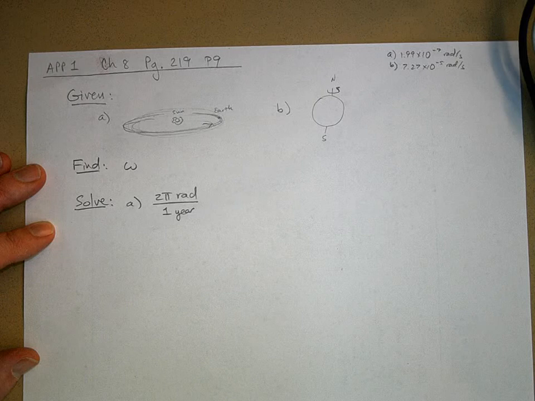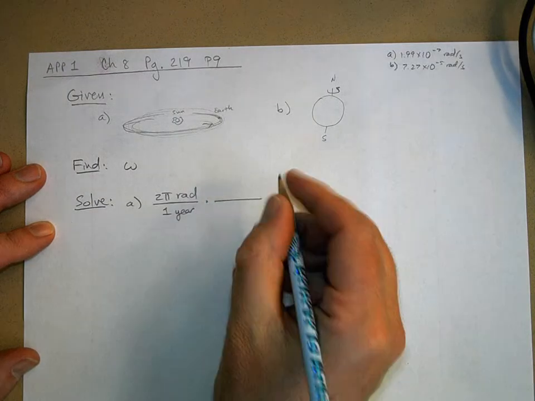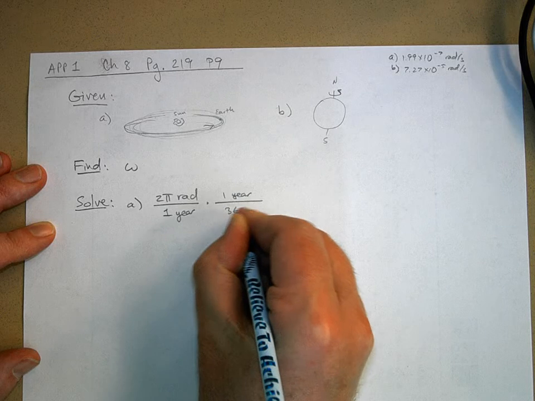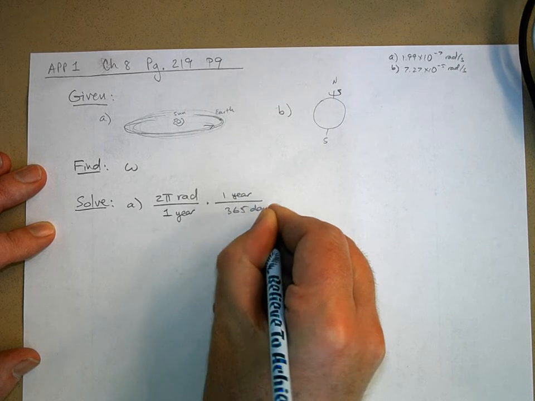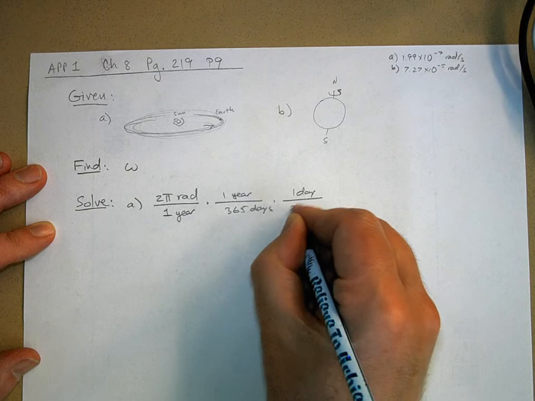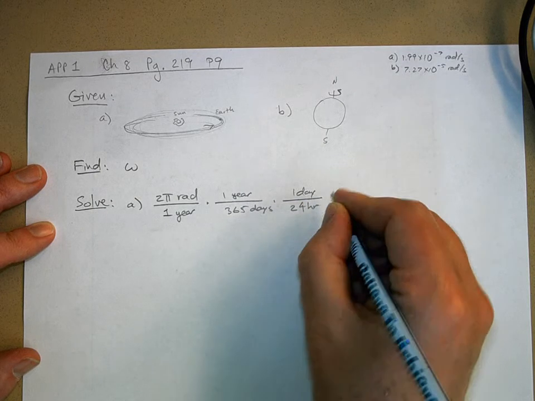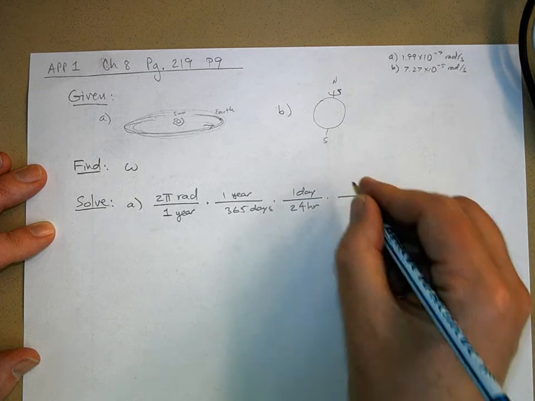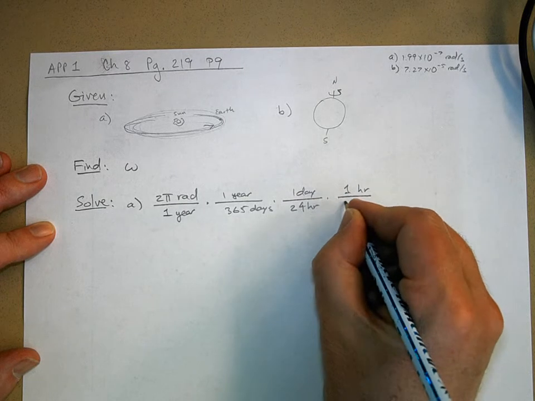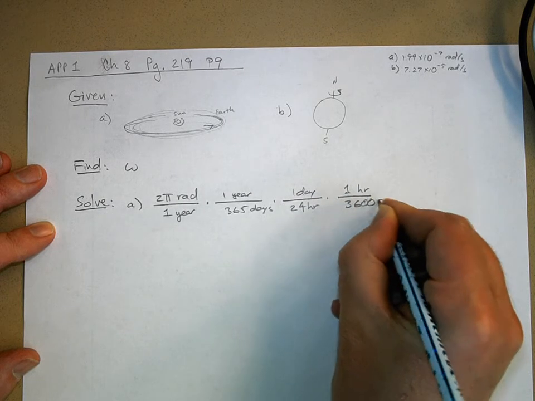Well, we'd like them in radians per second, so all you have to do is say 1 year is 365 days, 1 day is 24 hours, and 1 hour is 3,600 seconds.